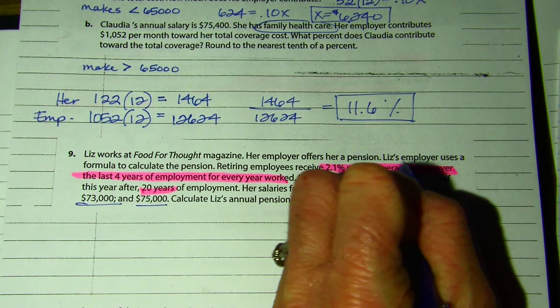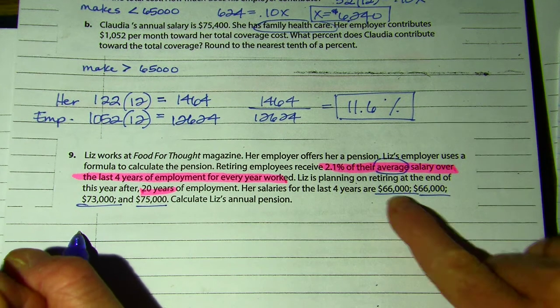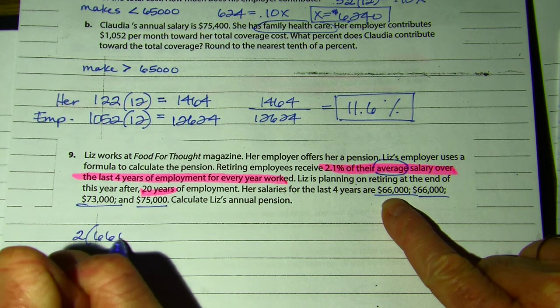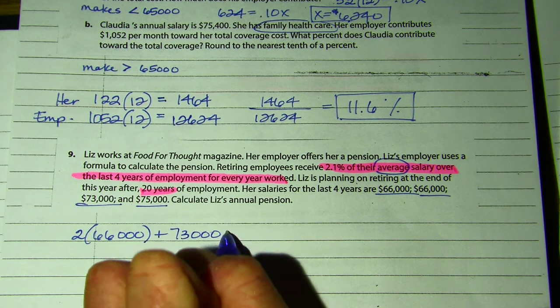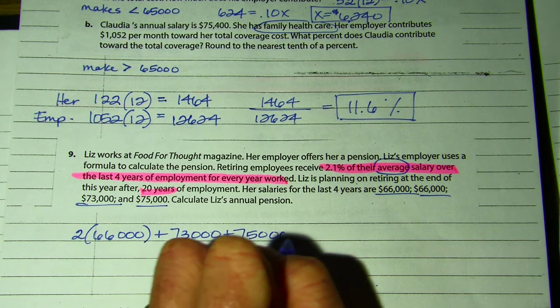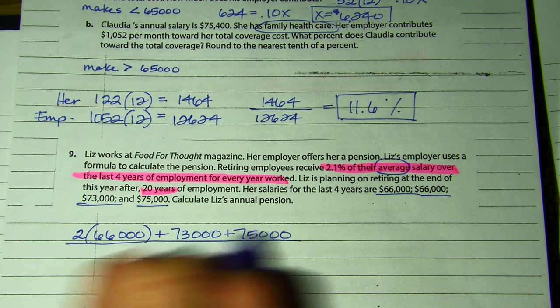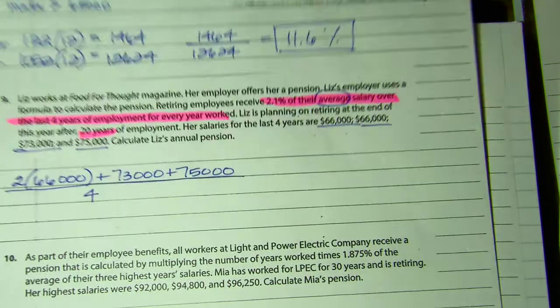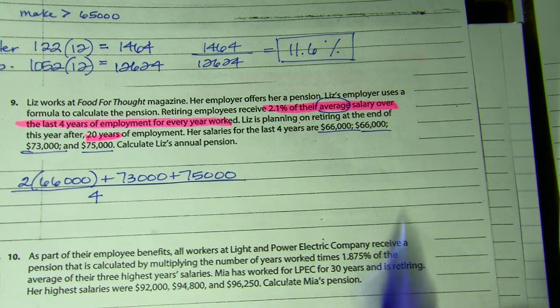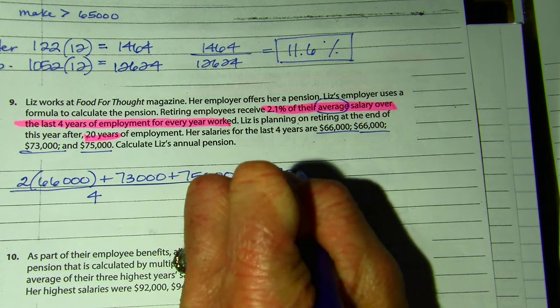Now it says average. So I noticed there are two 66,000s plus the 73,000 plus the 75,000. To find the average, I'm going to add those all up and divide by 4. And I got 70,000.